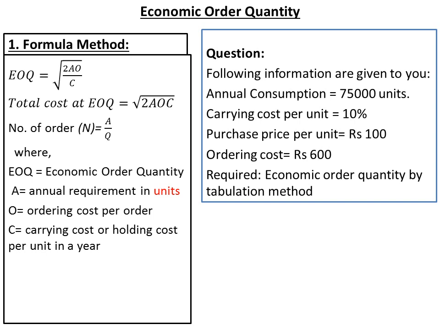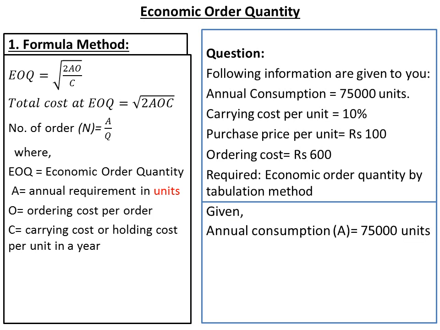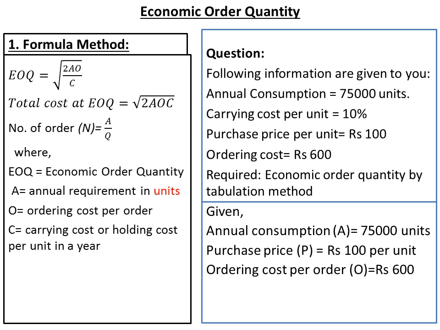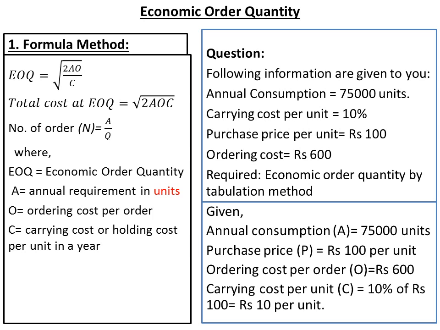The tabulation method is also called the trial and error method. First of all, we have to select the question. Given information: annual consumption, that is A in our notation, equals 75,000 units, purchase price is rupees 100 per unit, ordering cost per order O equals rupees 600, and the carrying cost per unit is C equals 10% of rupees 100.